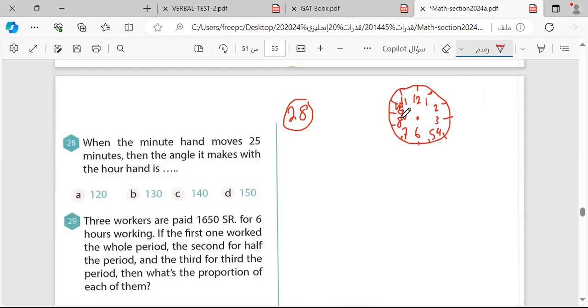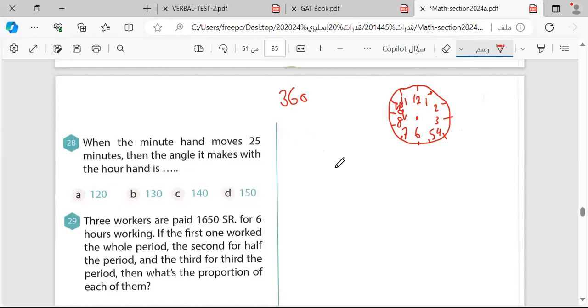Now, what is the degrees of the circle? Can you tell me the degrees, the sum? For the circle it is 360. Now we want to find the degrees or the angle between 12 and 1.